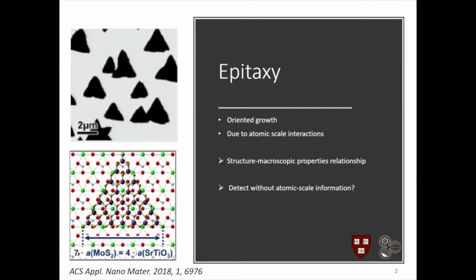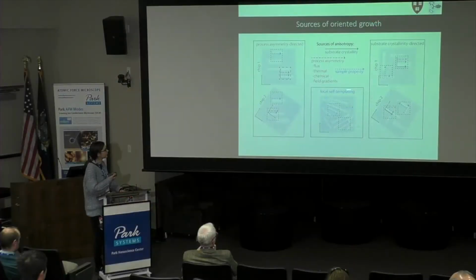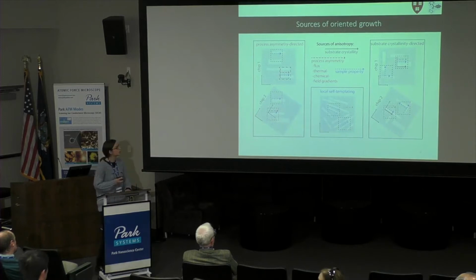So first of all, there are actually different sources of oriented growth. For example, there can be local self-templating, and in that case we'll have regions of different orientations of our crystallites.